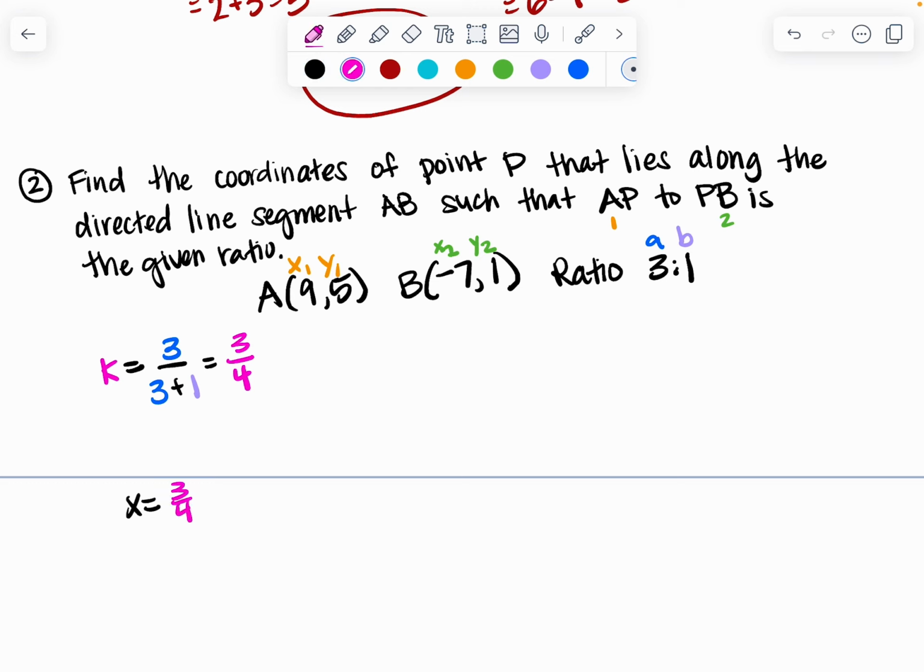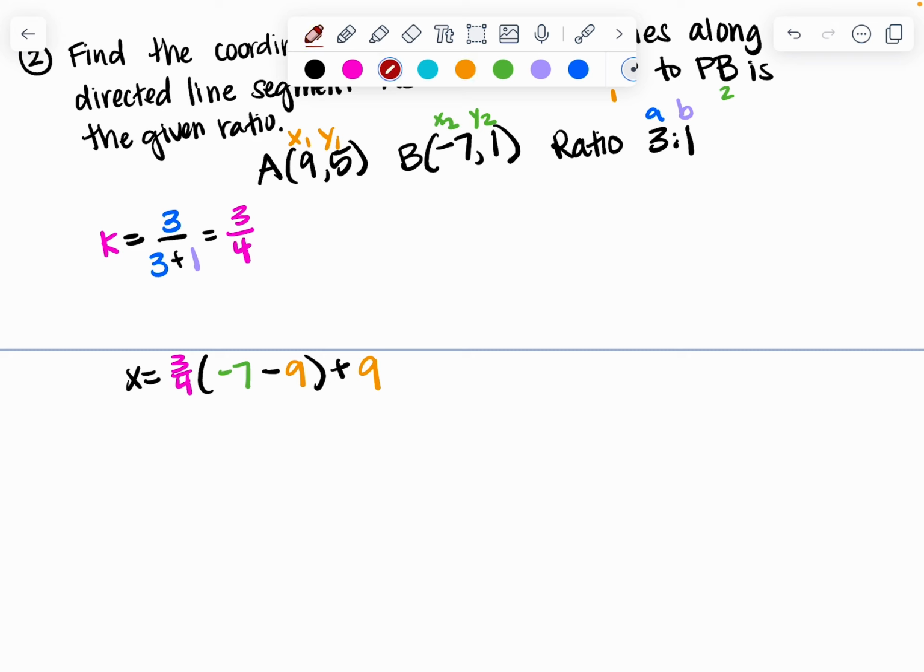So to find the x value, we have 3 over 4 times x2, which is -7, minus x1, which is 9, plus 9. So x is -3.